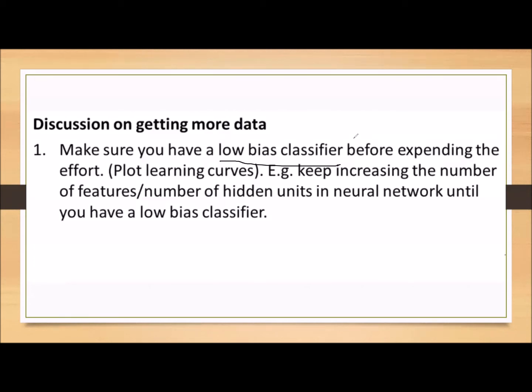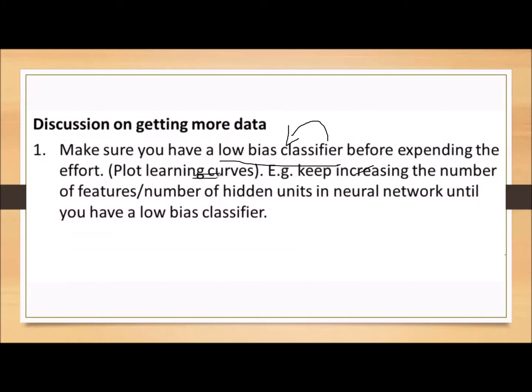If we give more training samples by artificial synthesis, there will be no additional advantage. So at the first step, if our classifier is a high bias classifier, we have to make it a low bias classifier by adding extra features and by adding hidden units, in the case of a neural network.